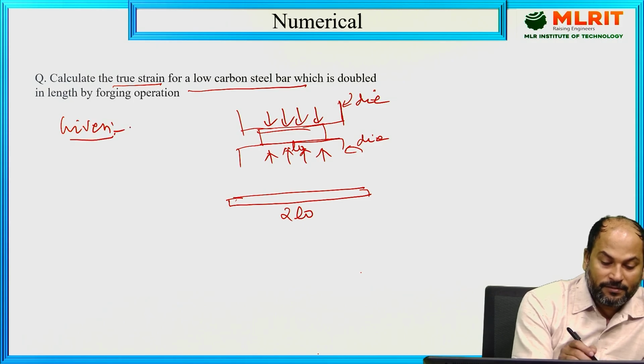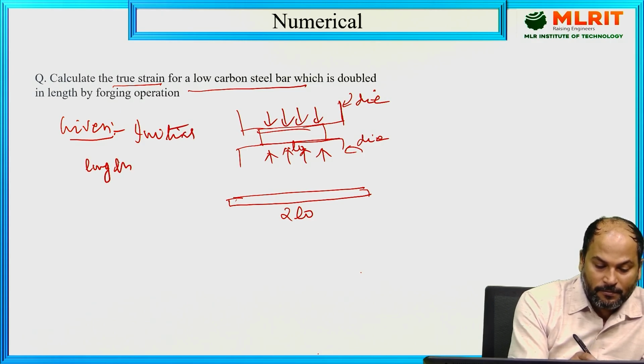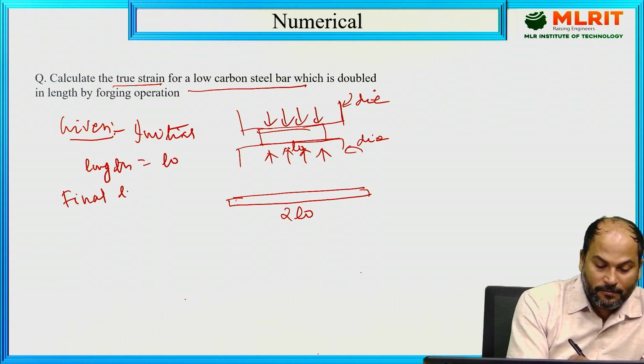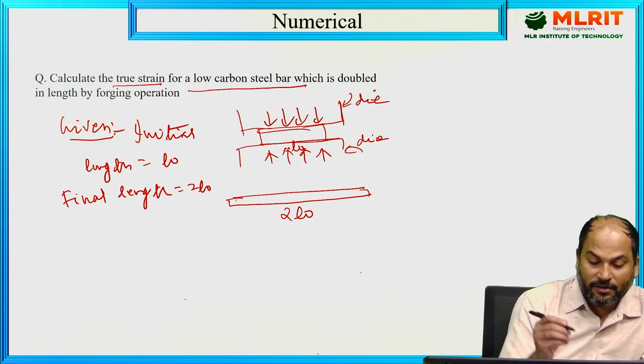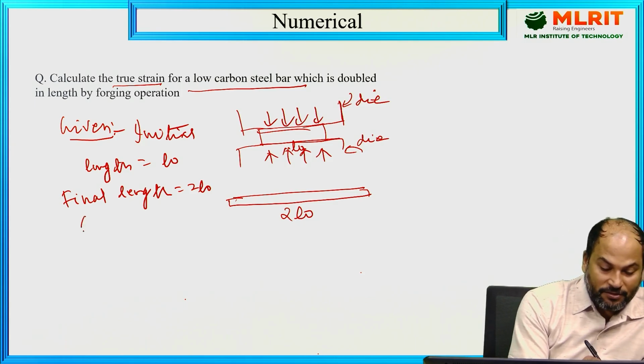It is given that the initial length is equal to L naught, and the final length is equal to twice L naught. It has been increased, so we have to calculate the true strain.